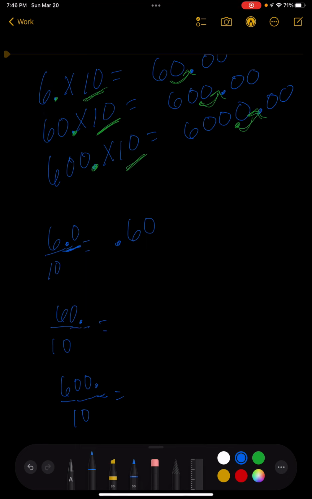How about 60 divided by 10? And I had 2 there before, so I'll do that. 600 divided by 10.